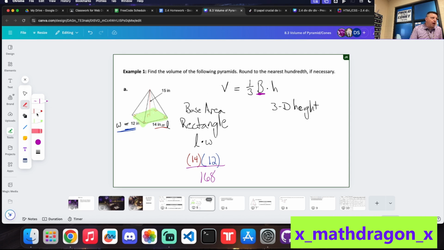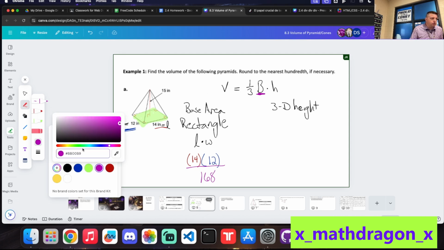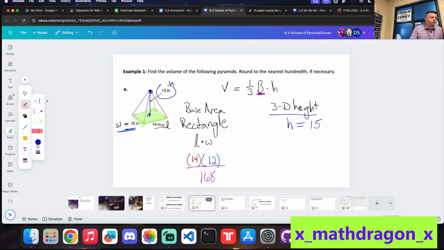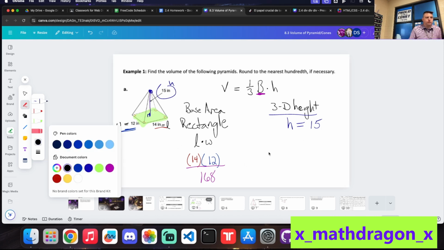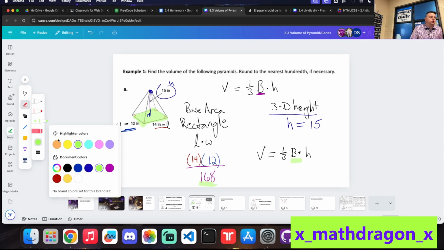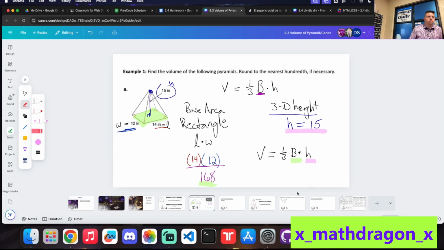Our three-dimensional height has to form a 90-degree angle and go straight up to the point. And we can see that our three-dimensional height, h, equals 15. So take your volume of 1/3 base area times height and substitute these values into your equation.